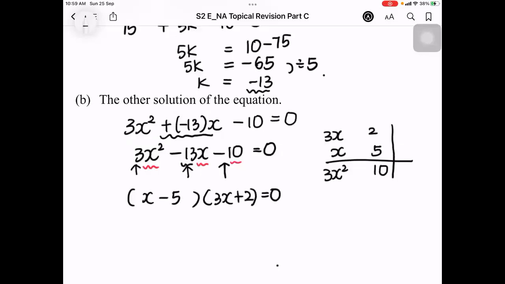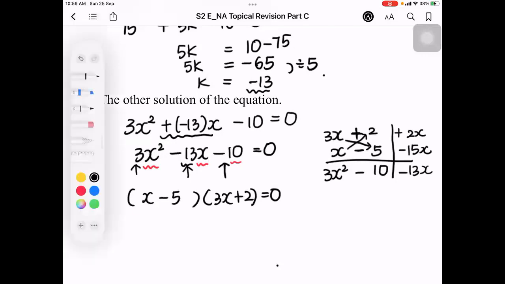Let's check our answer. Negative and plus. 3x times negative 5, negative 15x. x times 2, positive 2x. We check negative 13x, correct. Positive times negative, negative 10, correct.